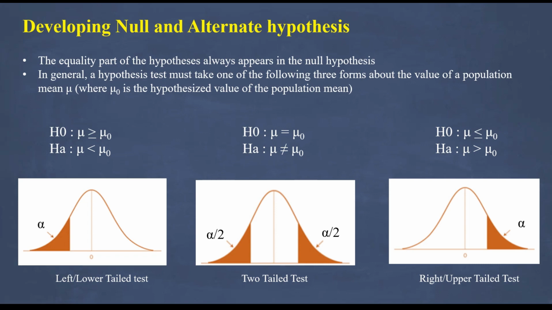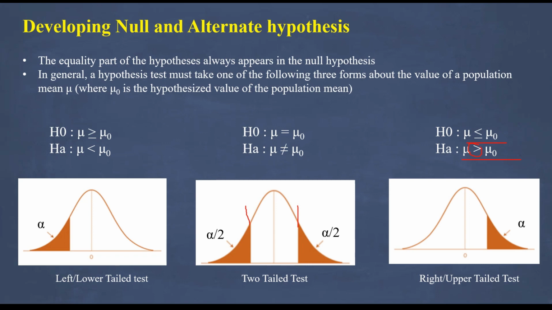So this leads to the two-tailed test. The level of significance alpha gets divided into two parts, that is alpha by 2 and alpha by 2. Similarly, the third case is the null hypothesis mu is less than or equal to mu0, and the alternate hypothesis is mu is greater than mu0.